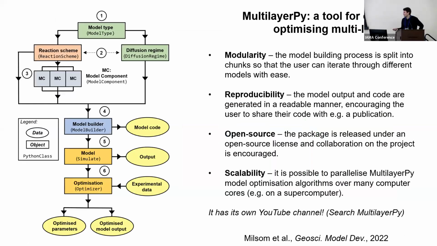It's modular. In this left-hand picture, every box is essentially like a Python class, so it's an object-oriented way of doing things. You can chop and change these building blocks for your model. You define the model type, so KM-SUB or KM-GAP, and the reaction scheme: what is reacting with what in your model, or do you even have a reaction?